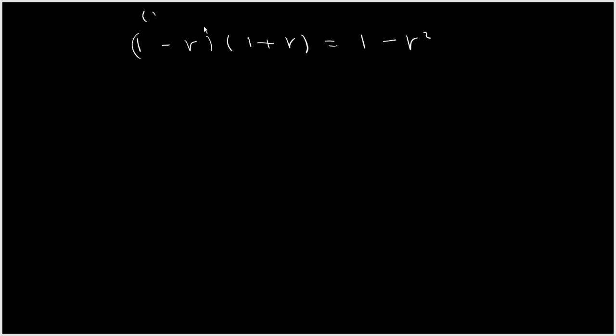I was trying to use the formula a minus b times a plus b equals a squared minus b squared. Your a squared is 1 squared, your b squared is r squared. I'm trying to use that to motivate a formula. Very shortly you're going to see the formula, but I'm still trying to tell you why. From here you have the formula: 1 plus r is equal to 1 minus r squared on the numerator, and 1 minus r on the denominator.